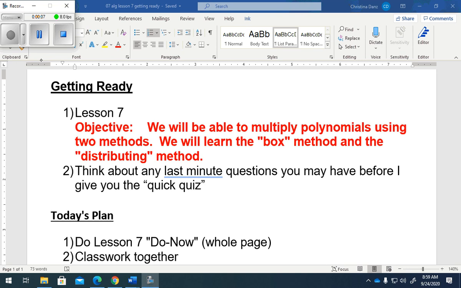Copy the objective. We are multiplying polynomials, and there are two ways that we can multiply polynomials. A lot of students seem to like what we call the box method. Sometimes it's called the tabular method, and some students like the distributing method. The distributing method is kind of like, I guess, the 1970s, 1980s way that we did it.